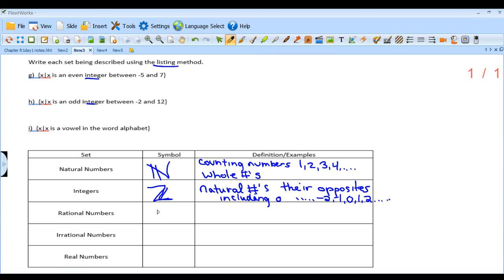Okay. Rational numbers, the letter Q, a double-stemmed Q there. You're like, well, why doesn't it have the R? Well, that's because we use the double-stemmed R for real numbers. So we use Q as our symbol for rational numbers. Those are numbers that can be written as fractions.